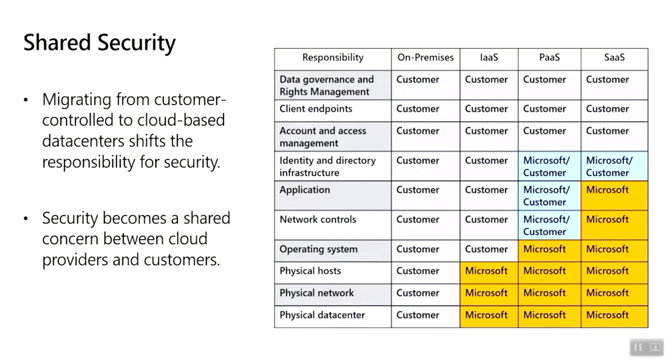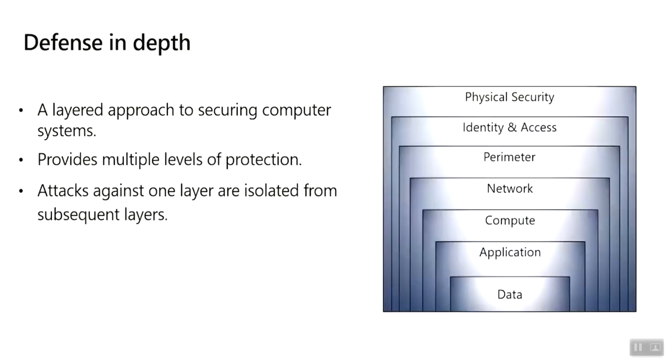And I just want you to know, regardless of whatever type of deployment that you select, you are always going to be responsible for the data, the endpoints, accounts, and account management. So it is a shared responsibility when it comes to security, but those 4 points are always going to belong to you.